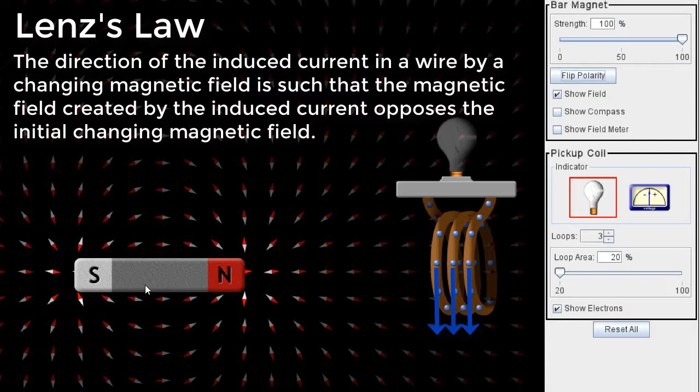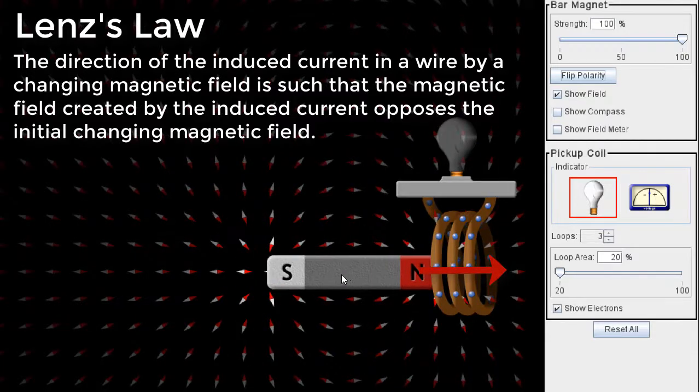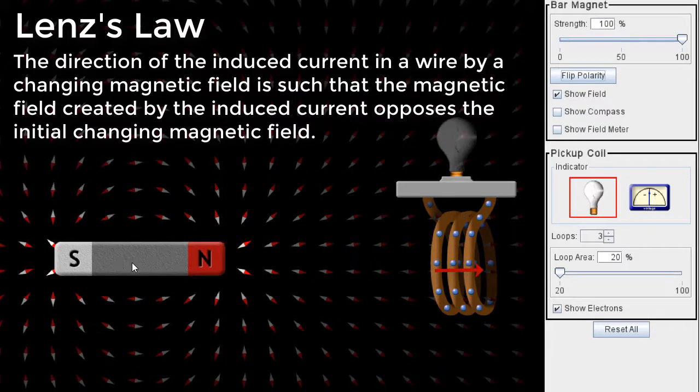If I use my right-hand rule, then I see that the electrons are moving in such a way as to make a magnetic field towards the right. So I have decreased the magnetic field as I remove the bar magnet, but then the electrons are resisting that change, and so they are making a magnetic field in the opposite direction of that change.